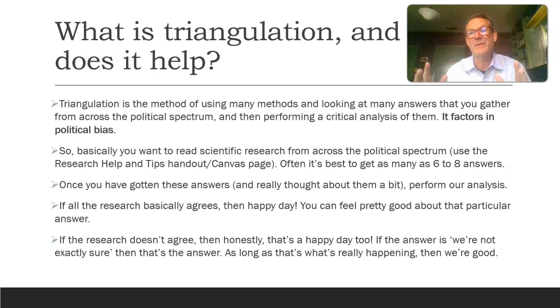Don't forget, I'm helping you, okay? Often it's best to get as many as 6 to 8 different answers. Once you have gotten these answers and really thought about them, we'll then perform our critical analysis.